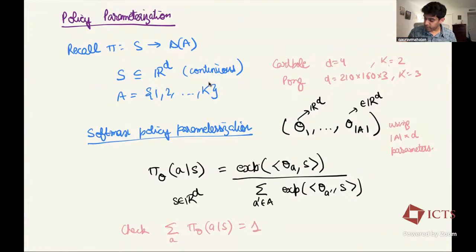Perfect. So this is the parameterization we're going to use. We store these A vectors of D dimensions, and we can use them to define the policy.